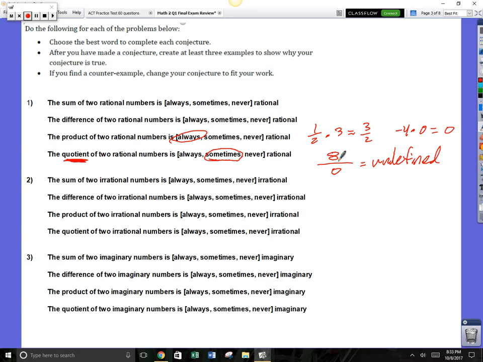So this 8 is rational, 0 is rational, but the answer, that is not rational. So when you divide two rationals, it does not always create a rational. If we do the reciprocal, 0 divided by 8, that creates a 0. Or you could do 2 divided by 5, and that creates 0.4. So those are all good. This is the only instance that you're going to run into trouble, if you ever try to divide by 0.